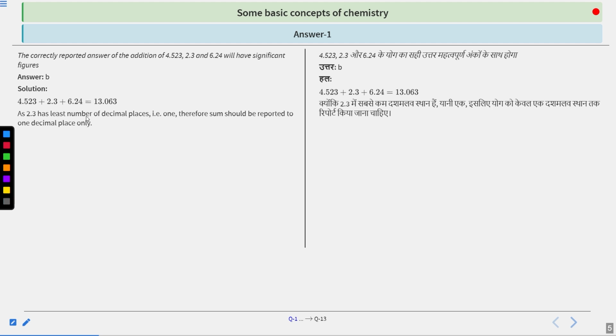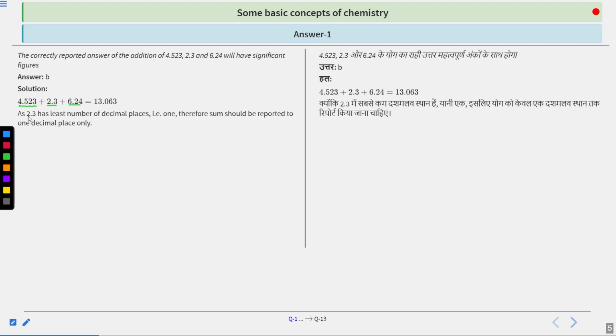For the significant figures, we have to see which of these three has the least number of decimal places. It is 2.3, that is 1. Therefore, the sum should be reported to one decimal place only. What does this mean? We have to look at the number which has the least number of digits after the decimal. In 4.523 there are 3 digits, in 2.3 there is 1 digit, and in 6.24 there are 2 digits.